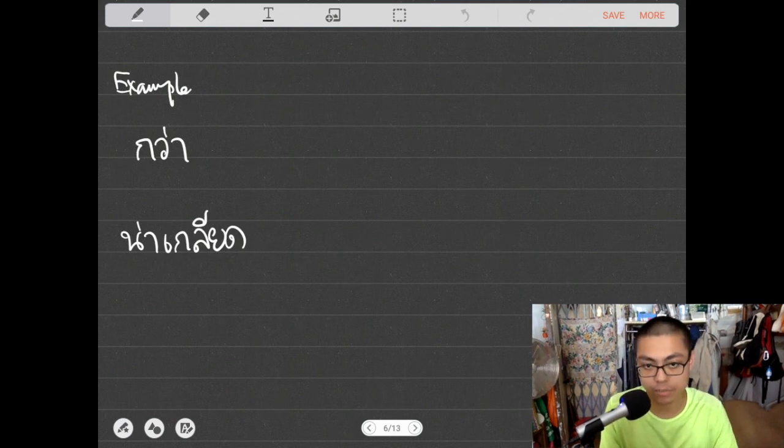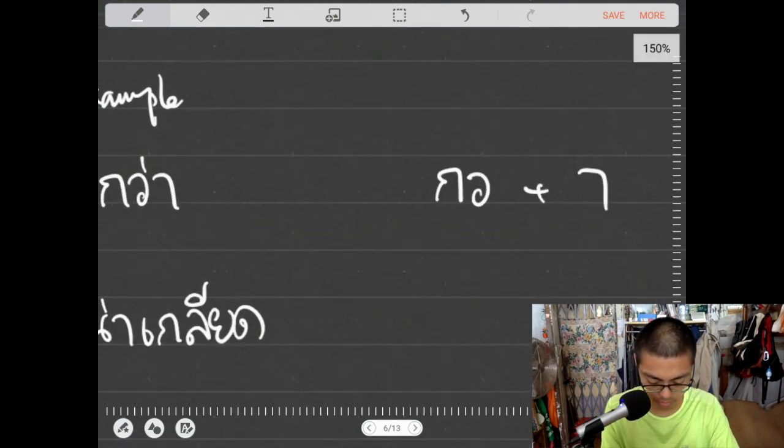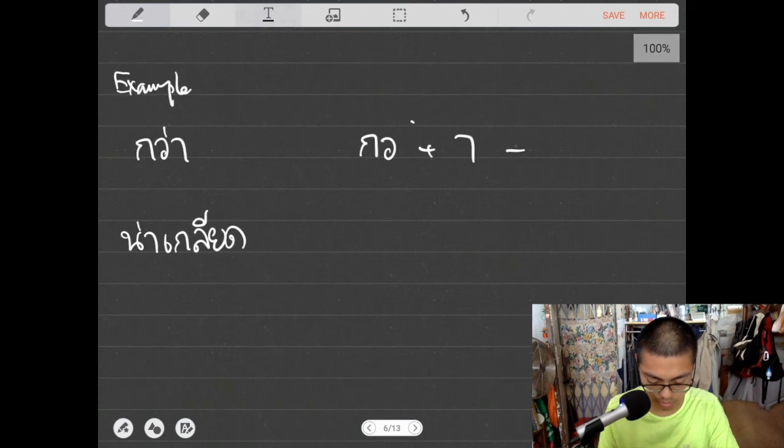This word is taken from the website, so let's break it down. First of all, we identify the consonant, the vowel, and the tone marks.